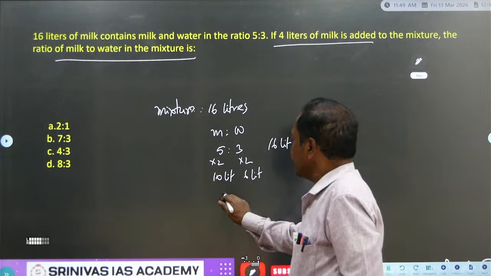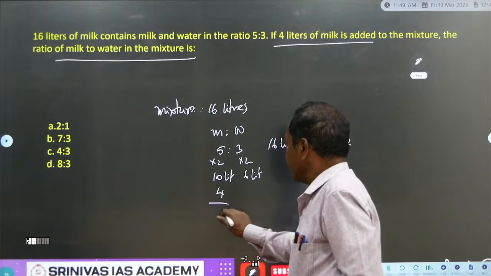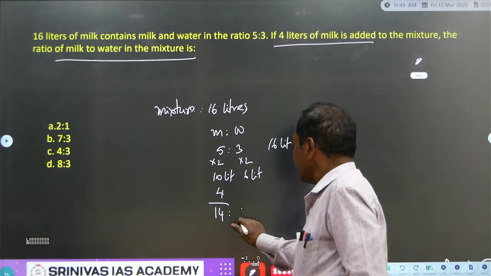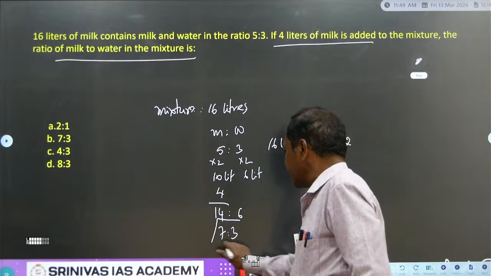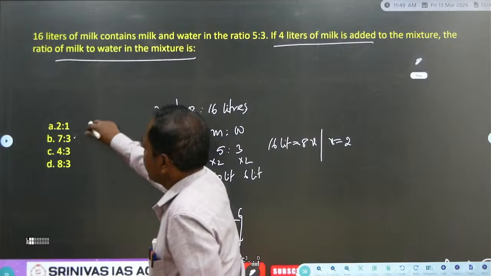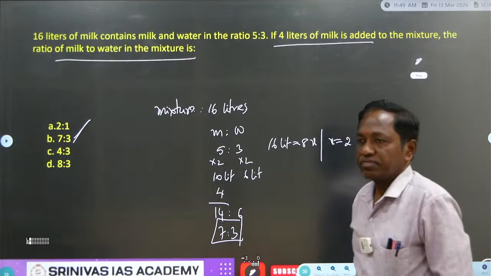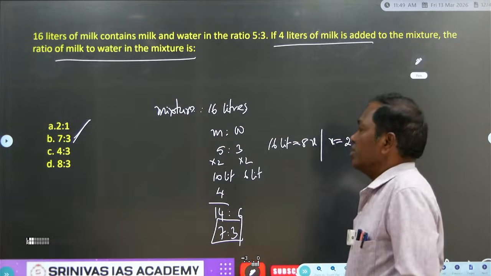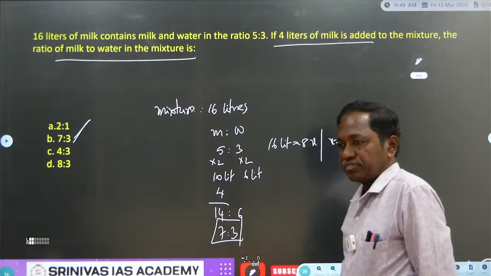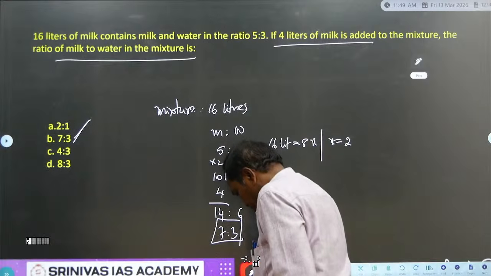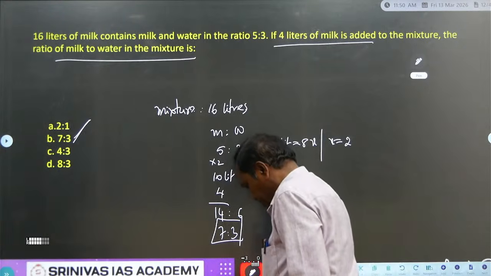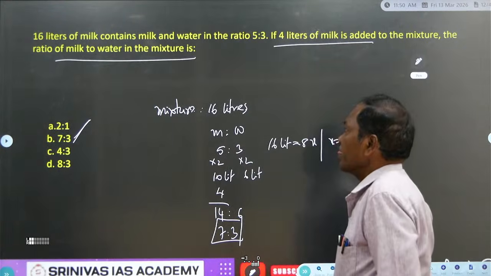Now 4 liters of milk is added, then 14 is to 6. Dividing by 2, that is 7 is to 3. Put it like that. That is it.